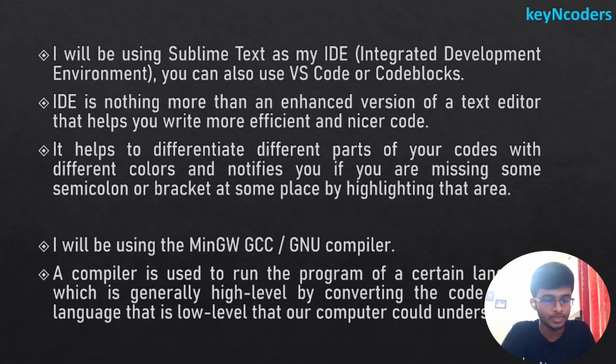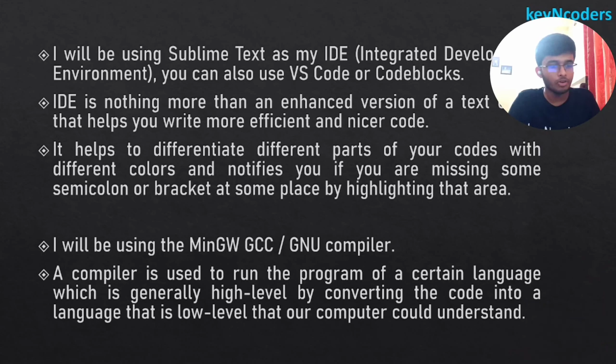Okay, coming to the next point, I will be using the MinGW, GCC or GNU compiler. So what is a compiler? As I've already said to you, a compiler is used to run the program of a certain language, which is generally high level, by converting the code into a low level language that our computer can understand.